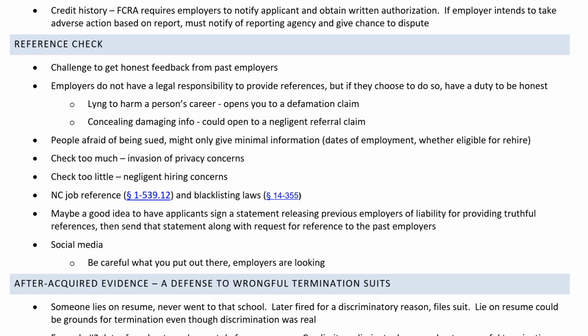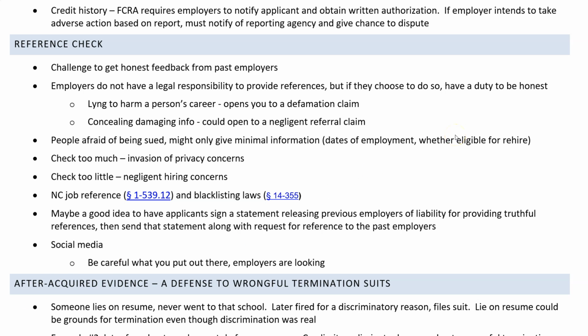That's what's known as blacklisting, and North Carolina does have a statute about that. But key in there is, is the information that we're spreading true or false? If it's true information, then maybe it's okay. Of course, if it's false information, then it's not okay.